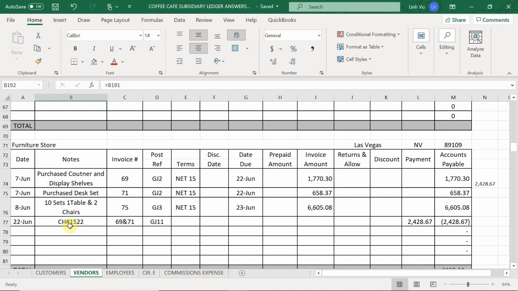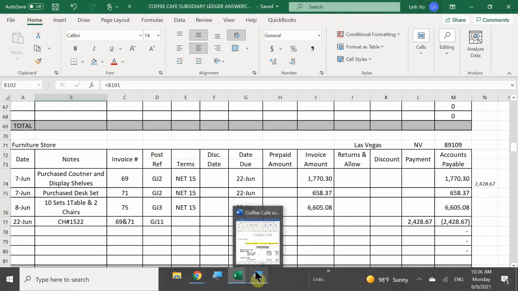Invoice number 75. How much do I owe? 6,605.08. All right. It's a remaining invoice.